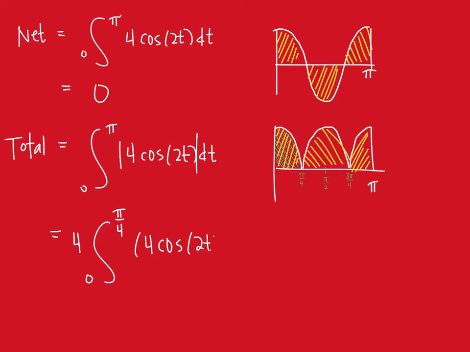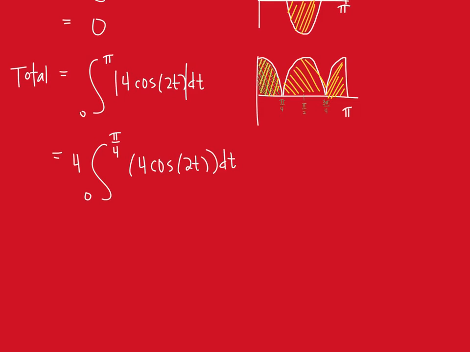So usually when you don't have a calculator, there's a way to do it simpler so that you don't have to break this all up. So I'd pull the 16 out to the front, and then I would do the antiderivative of cosine, which is sine 2t, divided by 2 for the chain rule, plus c going from 0 to pi fourths.